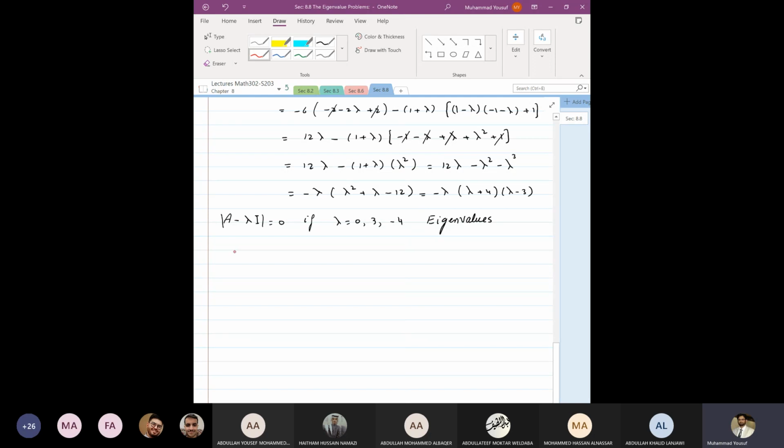So first eigenvalue, lambda equal to 0. Now with lambda equal to 0, we need to solve A minus 0 I times k equal to the 0 vector.